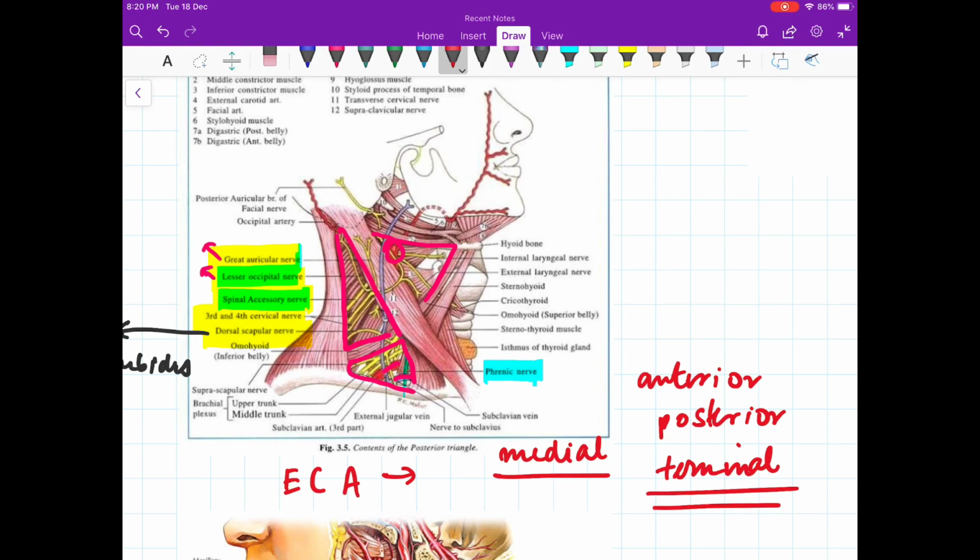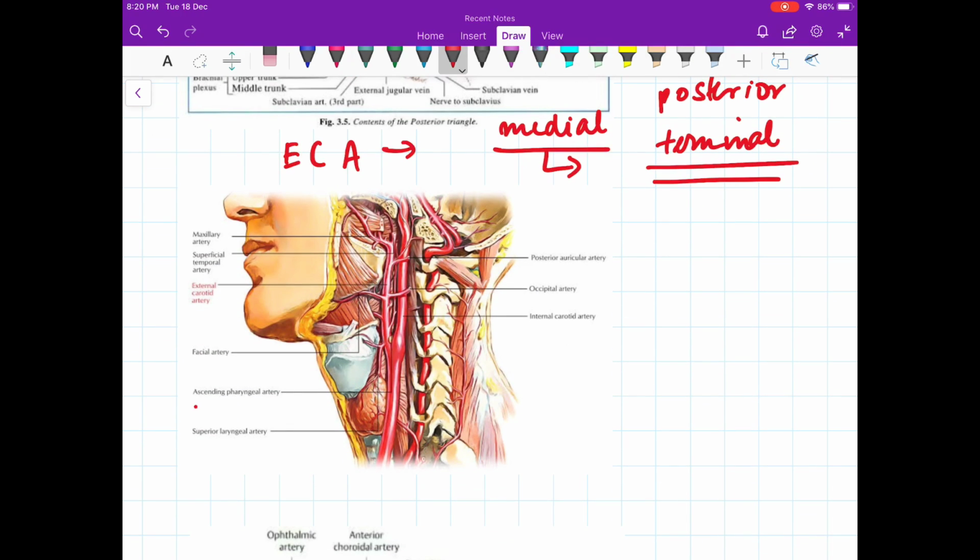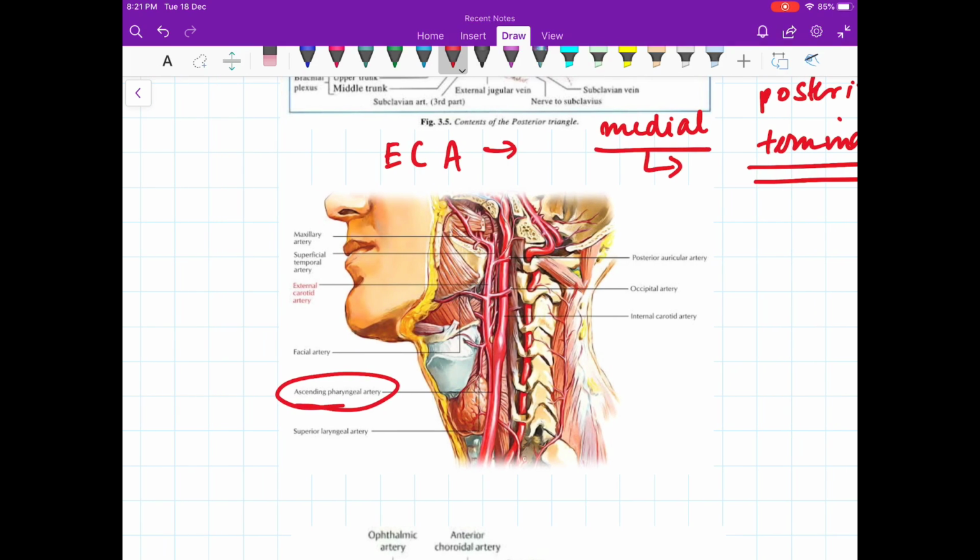The only medial branch of external carotid artery is ascending pharyngeal artery. You see here the ascending pharyngeal artery. And the posterior branches are posterior auricular artery, occipital artery.